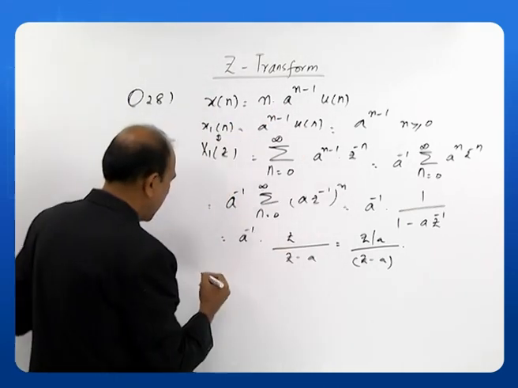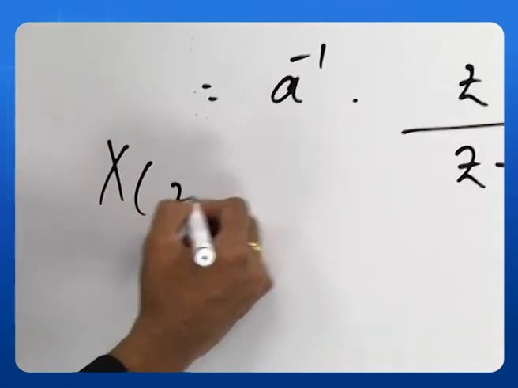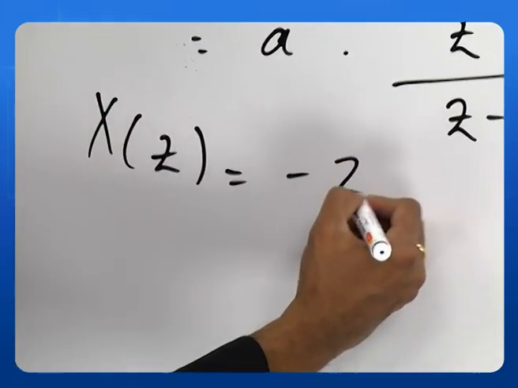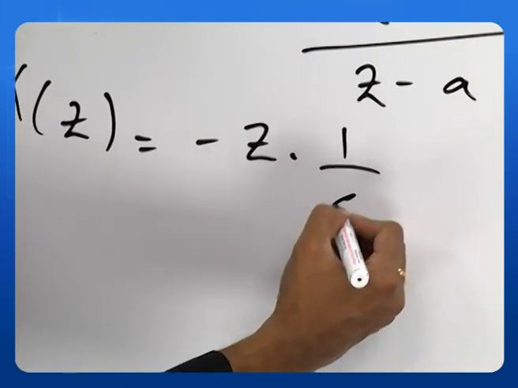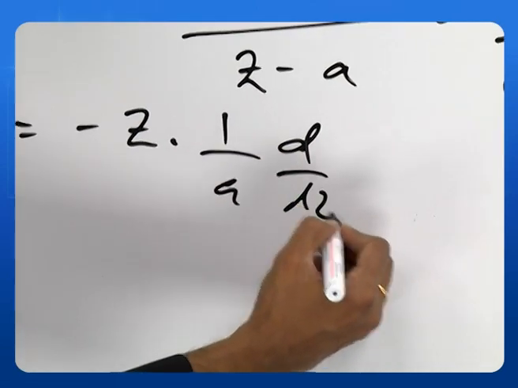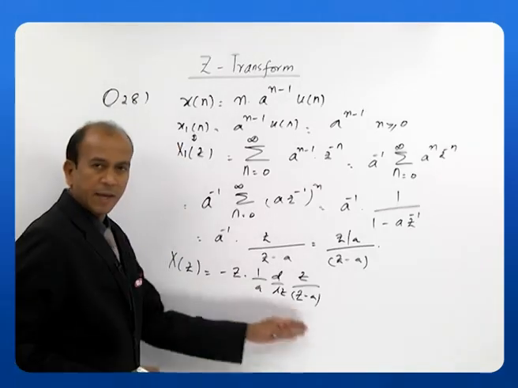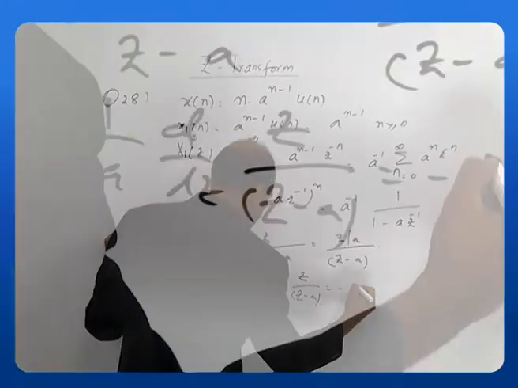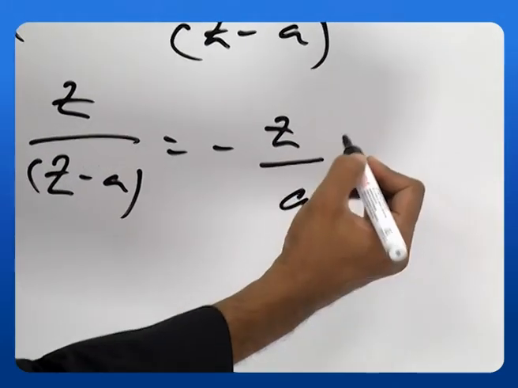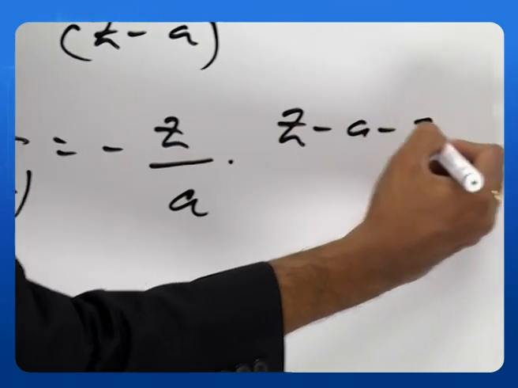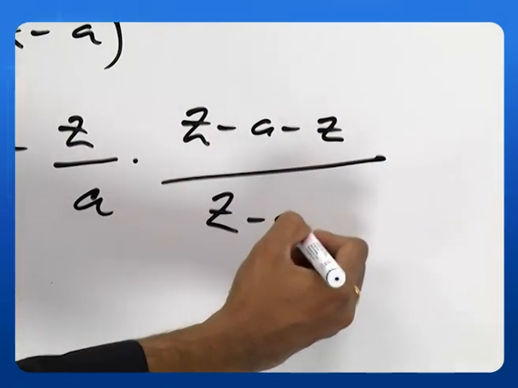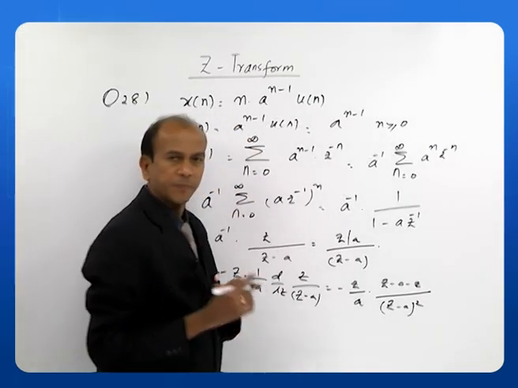So I can write down x of z is equal to minus z into 1 by a d by dz of z by z minus a. Okay, so that will be equal to minus z by a into z minus a minus z by z minus a whole square.